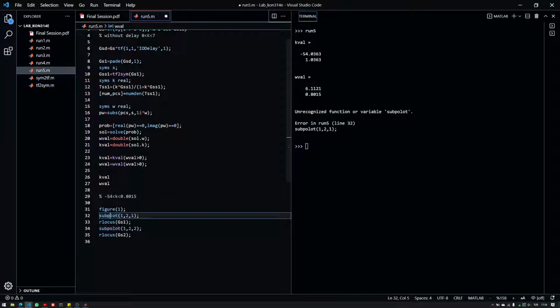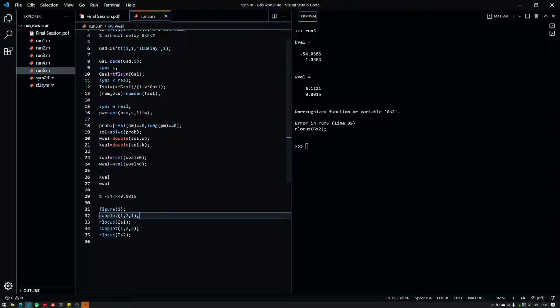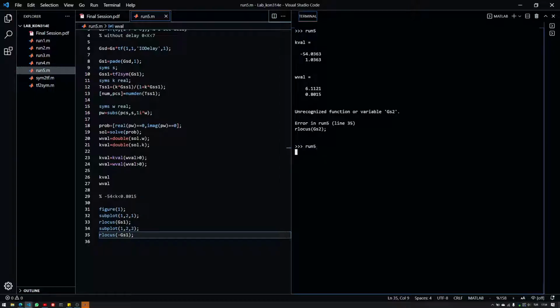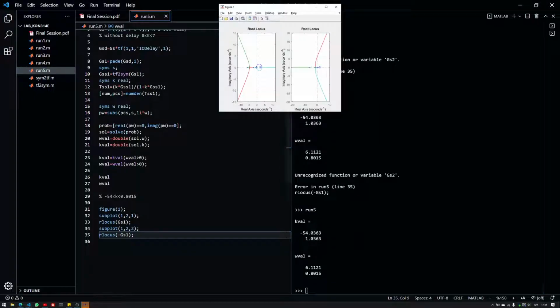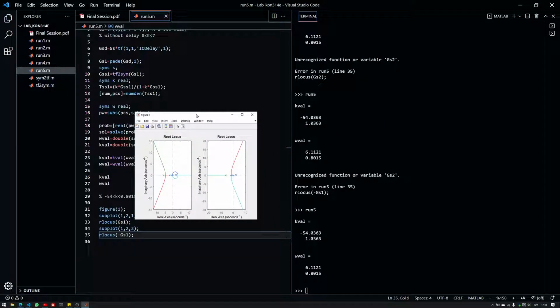Of course, we should type it. And yeah, minus, negative. So minus G(s)1, of course. There we go. Now, as you can see, we have a j omega crossing here and a j omega crossing here.